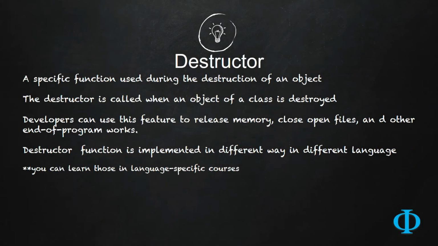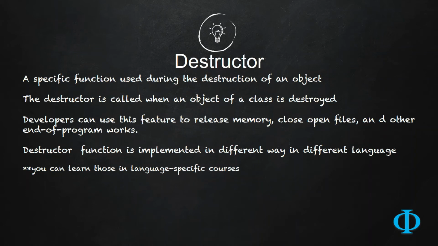So that was constructor. Now, just the opposite is destructor. Destructor means the function that is executed right when the object is destroyed. By means of destructor function, you can exactly track down the time when the object is being destroyed, and not only that, you can write your own code or execute some of your end of the program workloads during that time.